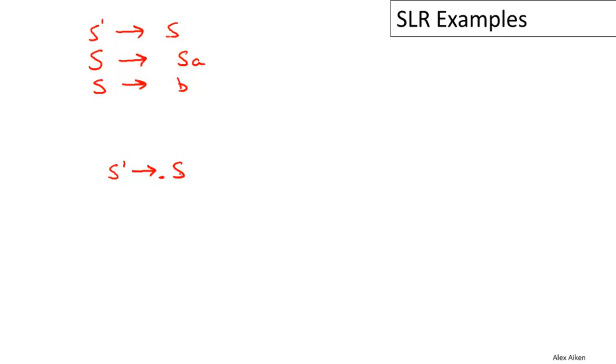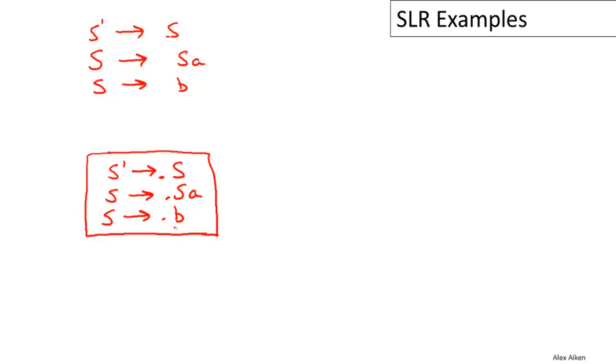What do I mean by that? I mean that this state has an epsilon move to S goes to dot SA, so this is the first item in recognizing this production, with the dot all the way at the left, and there would also be an item for the other production, S goes to dot B. All right, so that's the epsilon closure in the NFA of this start item, so these three items would be the first state of the DFA.